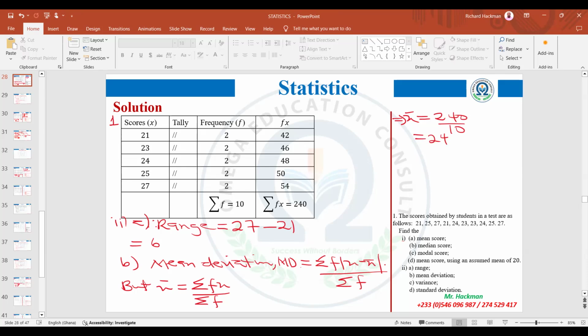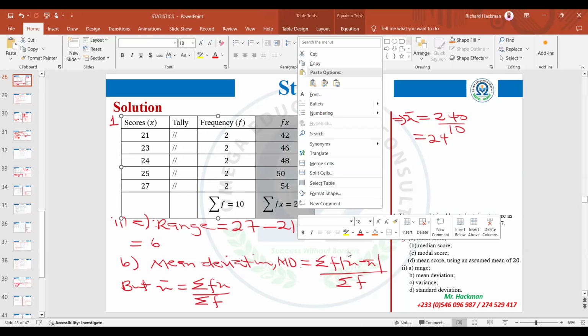Yes. Okay, so now you know what we are going to subtract from each x to get the deviations. Then you take the absolute value. So at this point, we can go and create the column for x minus x bar. Then maybe the absolute value. So let me quickly go and do that. My professors, I hope you are following. If you are left behind, let me know. Okay, all right.